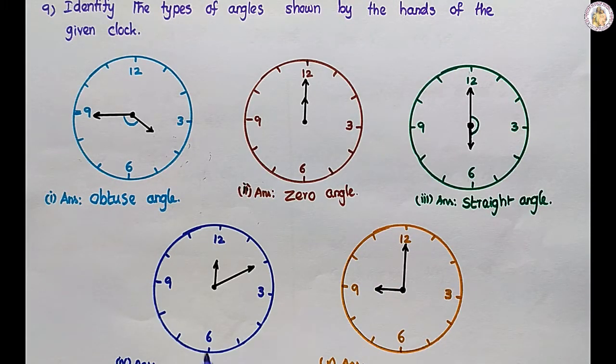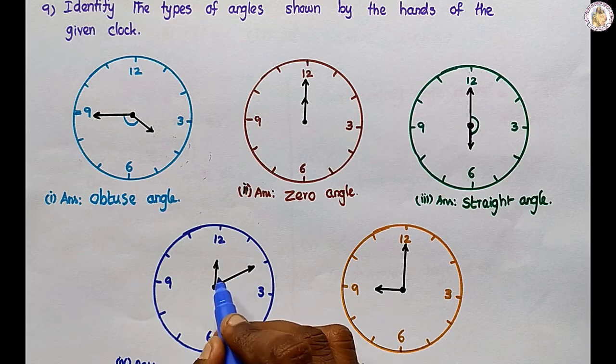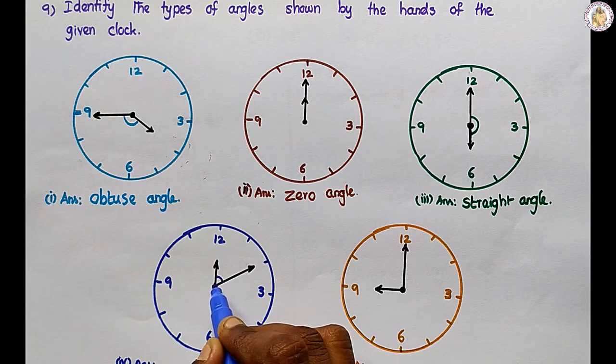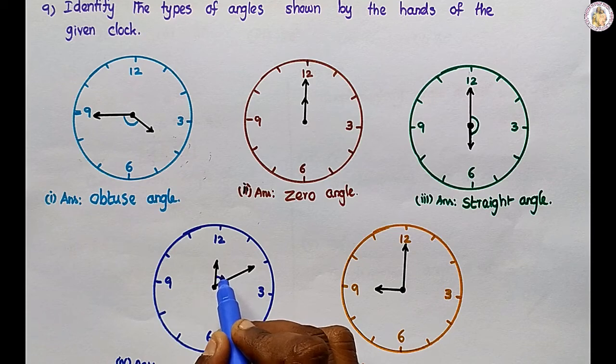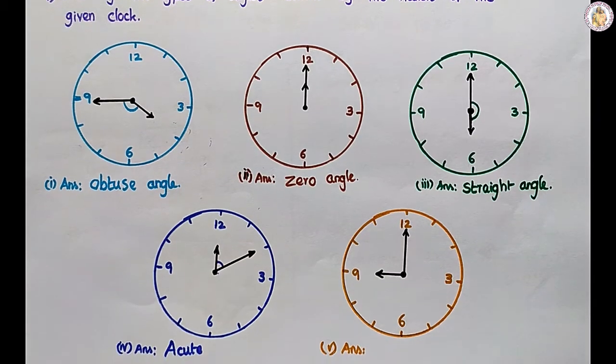Next one, listen here, that is the starting point. Two rays form the angle that is below 90 degrees. In case the long hand faces the number 3, it forms 90 degrees, so that is below 90 degrees. What is that? Acute angle.